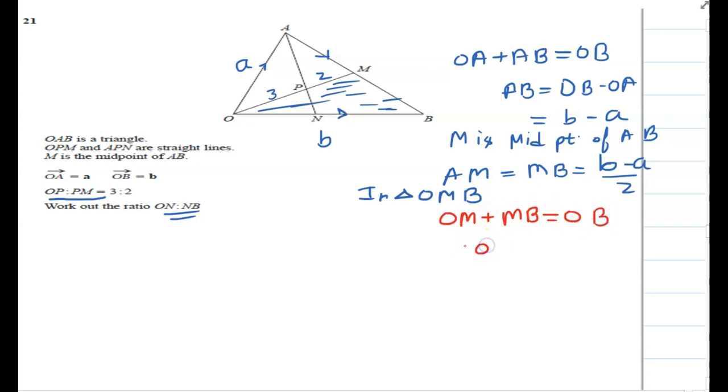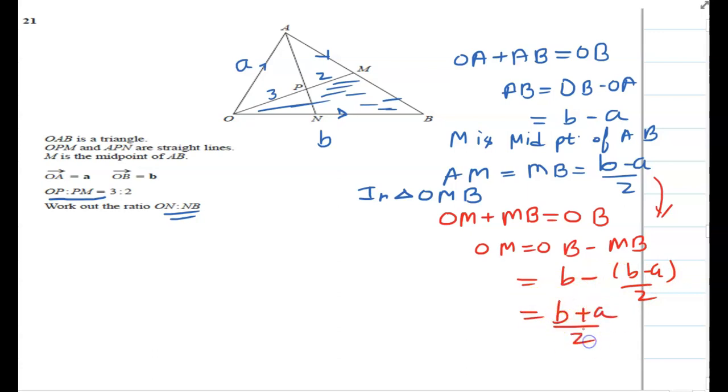So OM will be OB minus MB. OB is B and MB from here is B minus A divided by 2. So if you simplify, 2B minus B is B, and plus A, so you will get B plus A divided by 2.